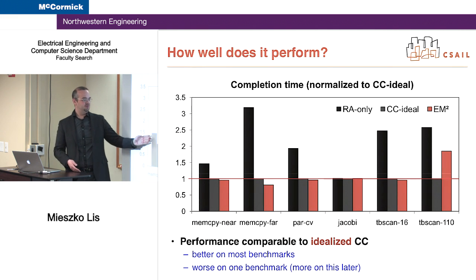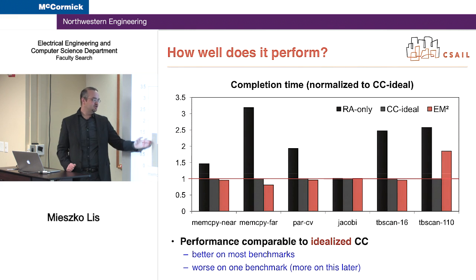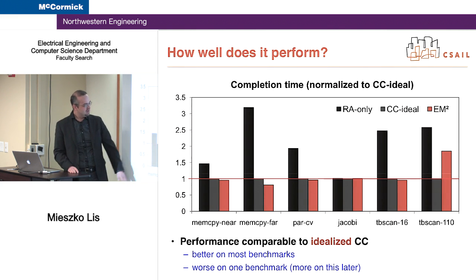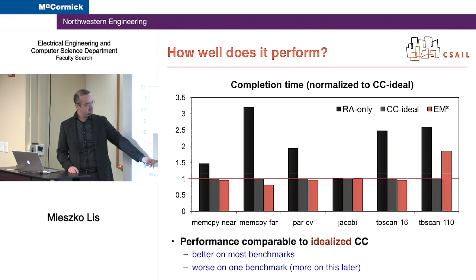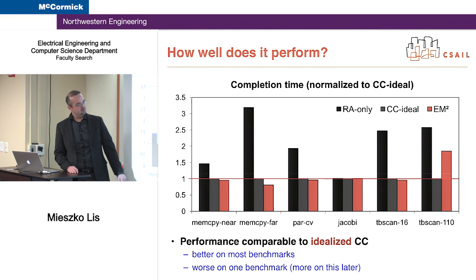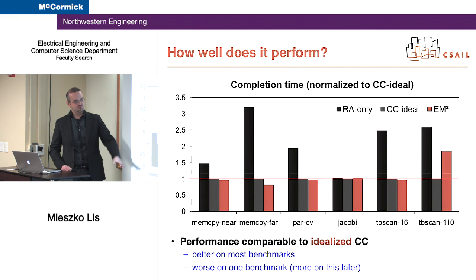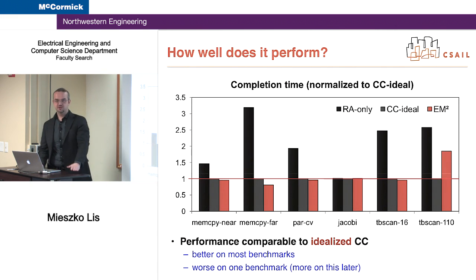So this is kind of clubbing baby seals, I guess. I guess we could do worse than this if our predictor was really bad, but we don't. So the real thing to compare to is this idealized cache coherence model, and we tend to do better. In one case that I will talk a little bit more about, we do worse, and that brings up what you suggested earlier.